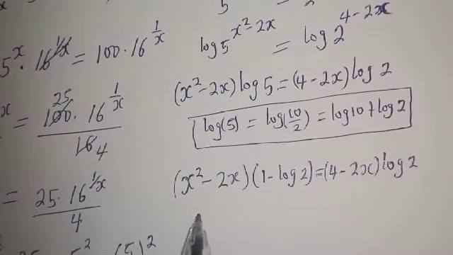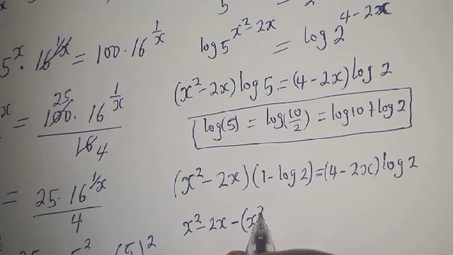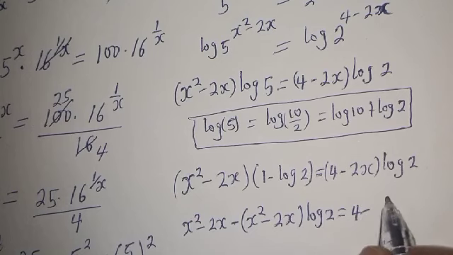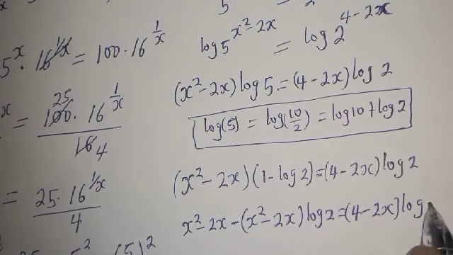Then this is x squared minus 2x minus bracket, we have x squared minus 2x log 2 is equal to 4 minus 2x log 2.